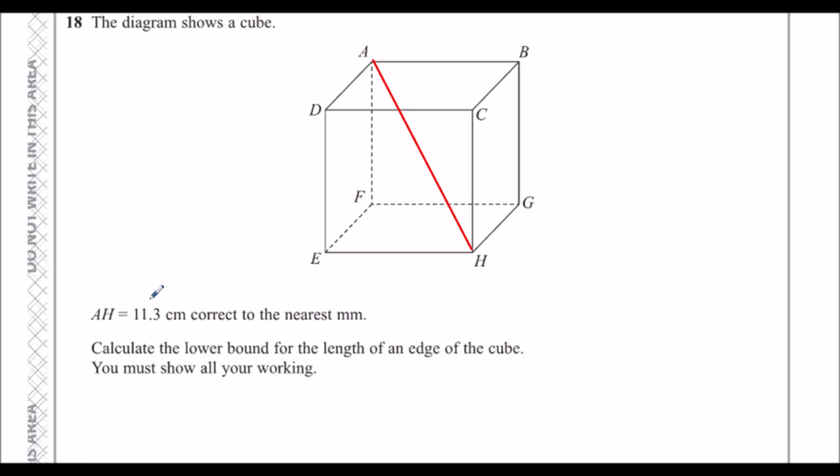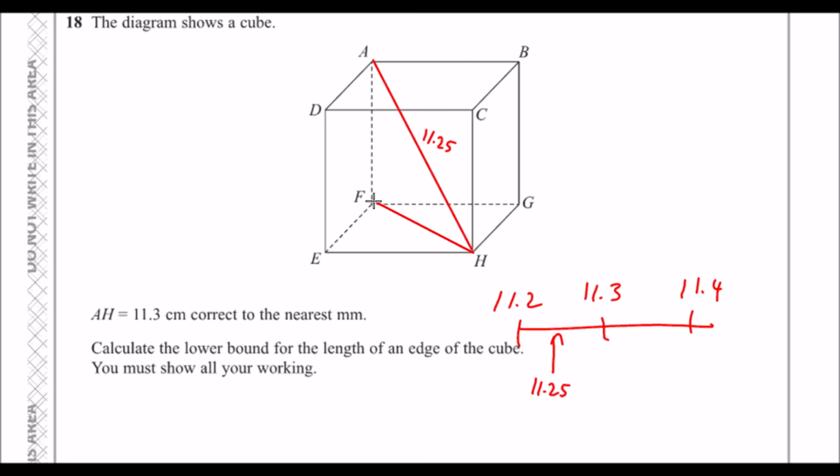So the lower bound for this, so this has been rounded. The one below is 11.2. So the lower bound for this measurement will be 11.25. And we want to know the edge of a cube.